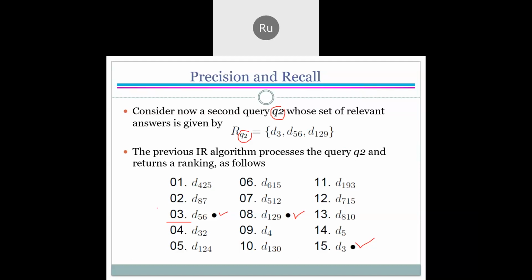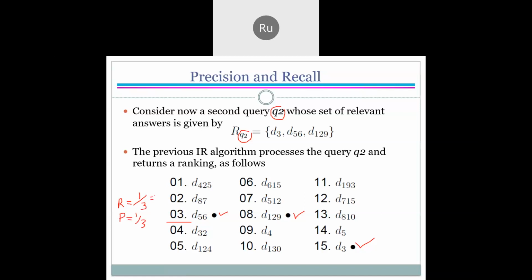So if we are here, what is the recall rate? 1/3. Okay, that's good. And what is the precision? 1/3 also. Okay.